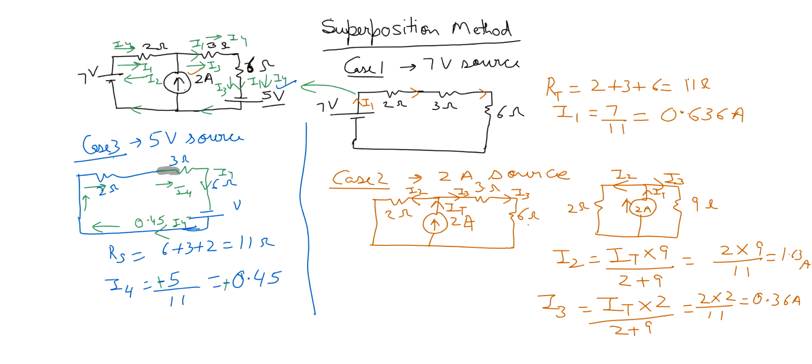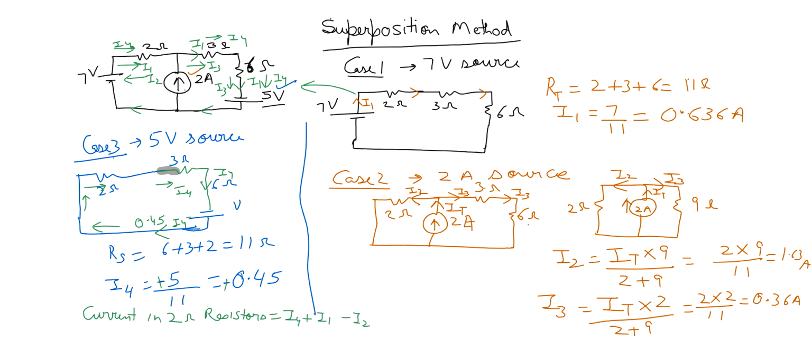Now you will find the current in each resistor. The current in the 2 ohm resistor due to all the sources is I4, I1. They are both in the same direction. So I will take I4 plus I1 minus I2 because I2 is in the opposite direction.